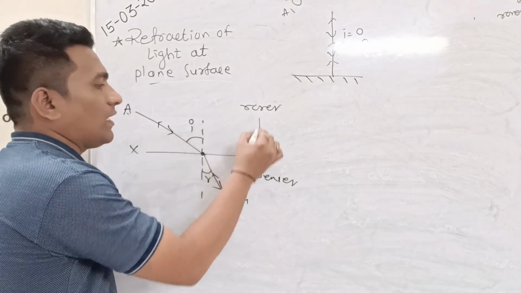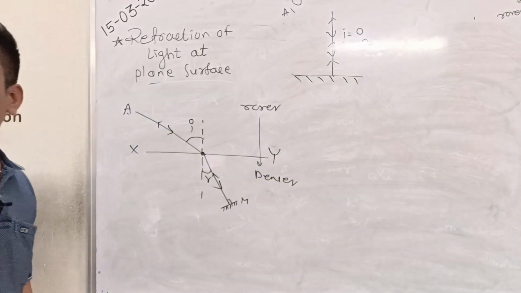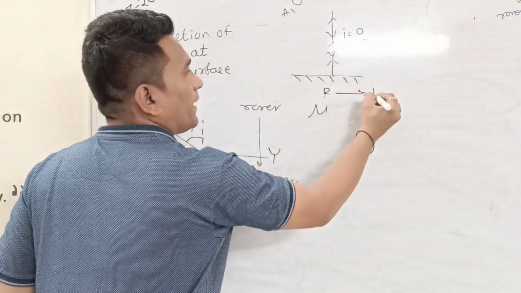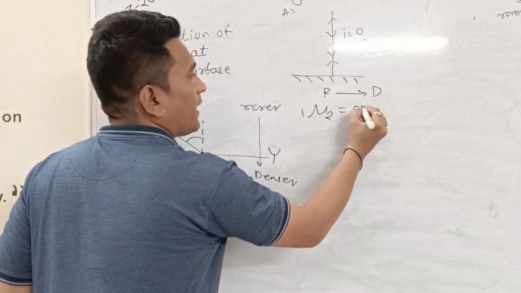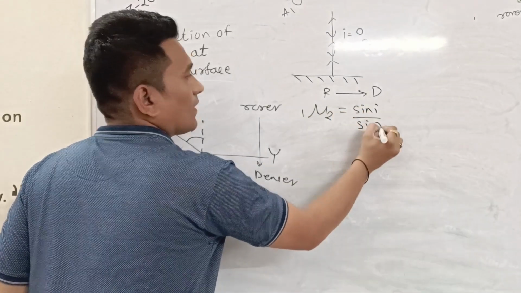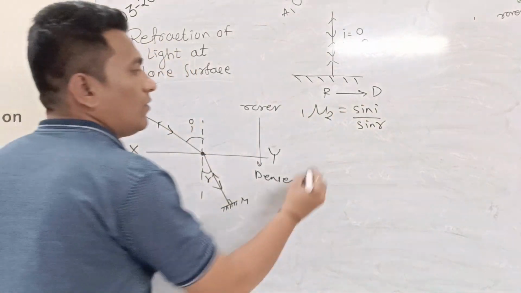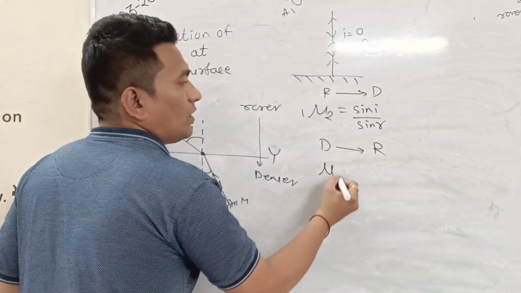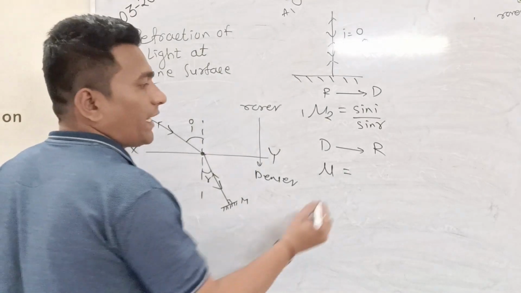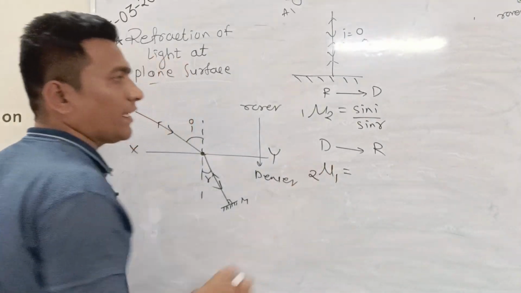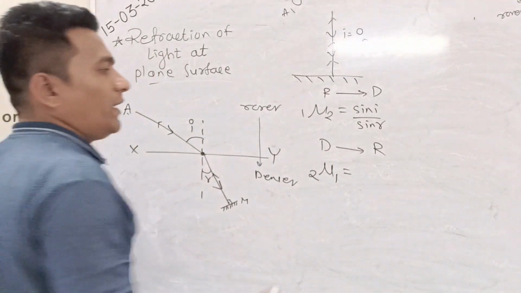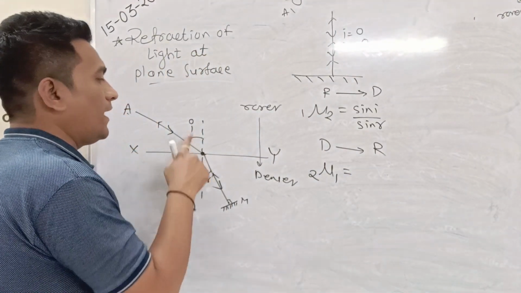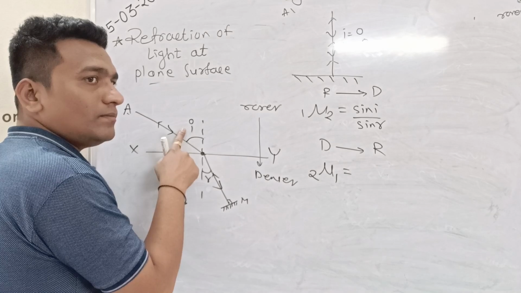So when a light ray was traveling from rarer to denser, how will you write the formula? Rarer to denser, mu 2 1 is equal to sin i upon sin r. Agree? Now when the light ray was traveling from denser to rarer, the formula will be the refractive index of first with respect to second, where the r will change to i and i will change to r.